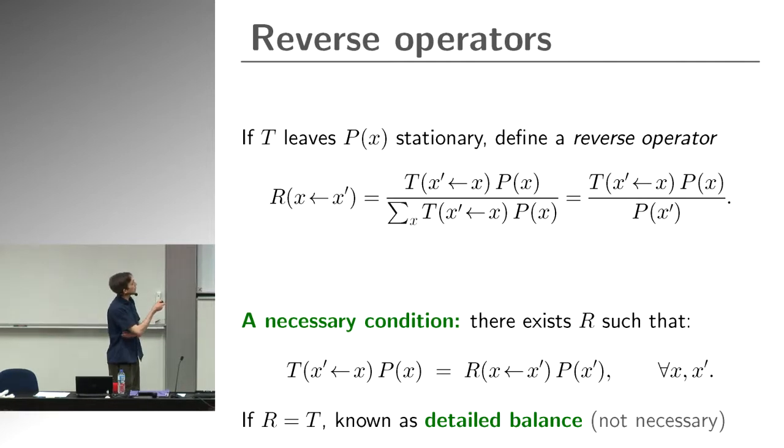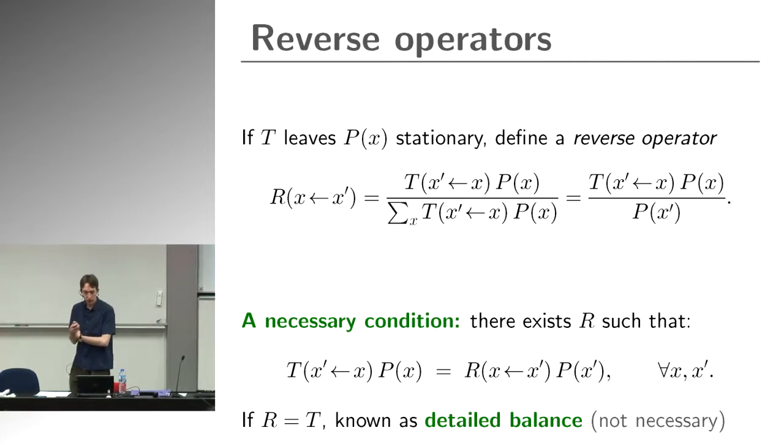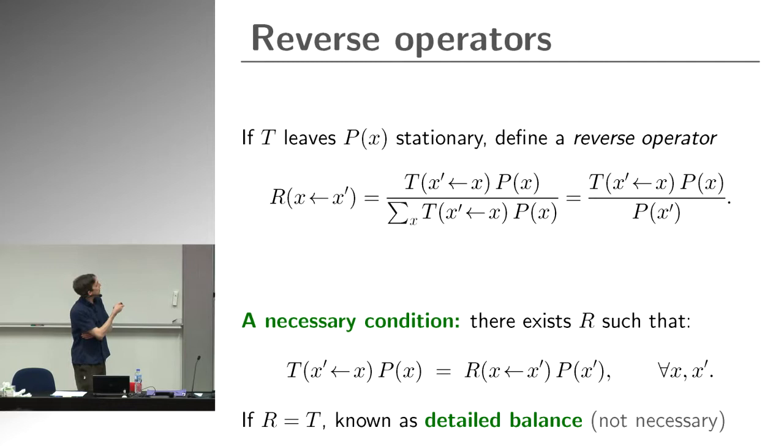So they gave us a transition operator T that will take you from a state to a new state. What I'm going to do is take that and create a new transition operator, which I'm going to call the reverse operator. And I'm going to define that as proportional to the transition operator they gave me multiplied by the distribution I care about.